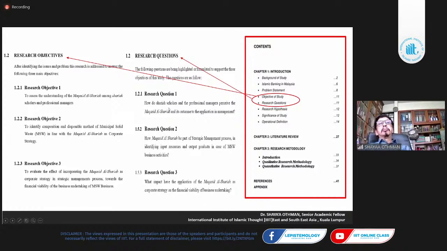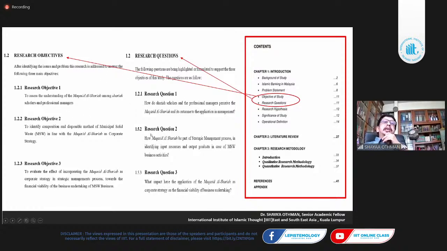For example, research question 2: the Maqasid al-Sharia is put as part of the strategic management process, identifying input, resources, and output product. In the case of MSW, that is municipal solid waste, environmental waste that could turn into recycling, and so on. So Maqasid Syariah business undertaking and so on.